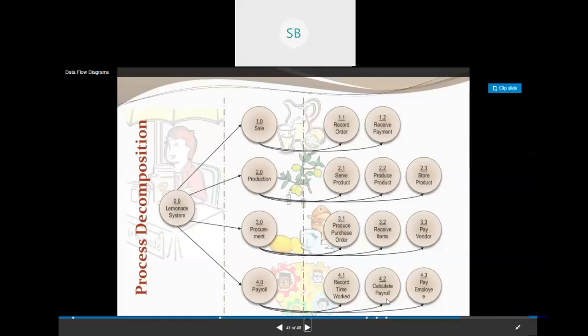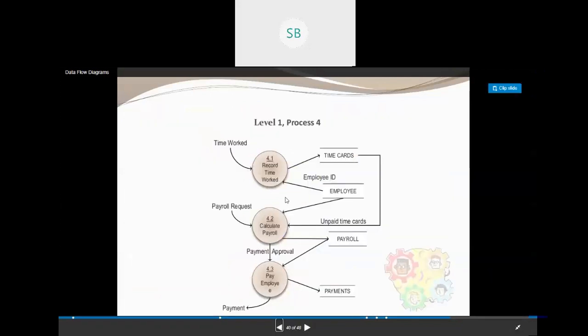In level 2 we have stored it in the data store. You just check one process. Suppose we have this fourth one, we divided it into 4.1, 4.2, 4.3. So it has record timetable work, and we store it in the time cards, and then we again have calculate payroll. So payroll is there.